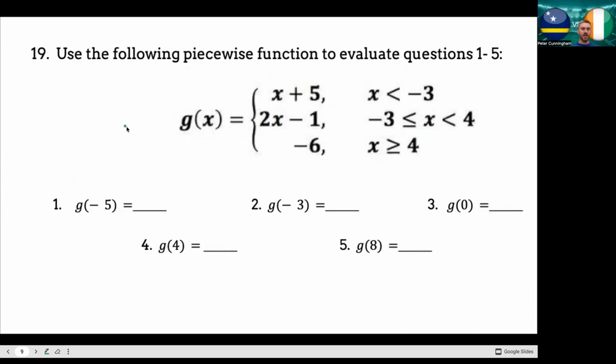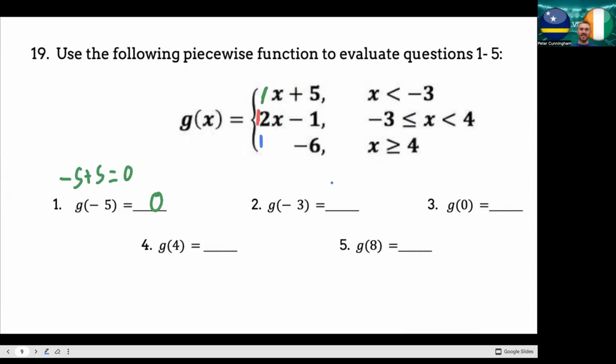And I need to say, okay, I need to plug -5 into that equation. -5 plus 5 equals 0. So my answer here, 0. So I had to follow, every time I have to follow that rule, we'll do it in green. Every time I have to follow this rule, I'll go in red. And every time I have to follow this rule, I'll go in blue.